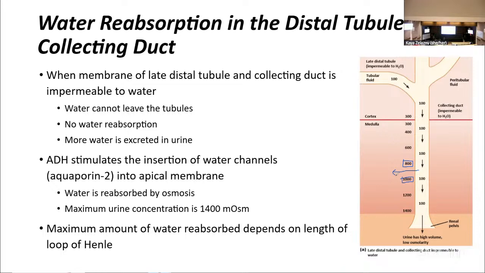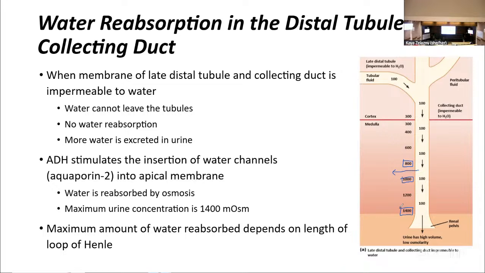Now we do have a maximum urine concentration, a maximum osmolarity that you would see in urine. And that number matches our maximum osmolarity here as we approach the renal pelvis. So our osmolarity gradient goes to 1400.